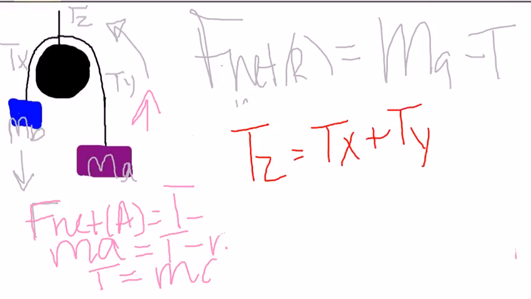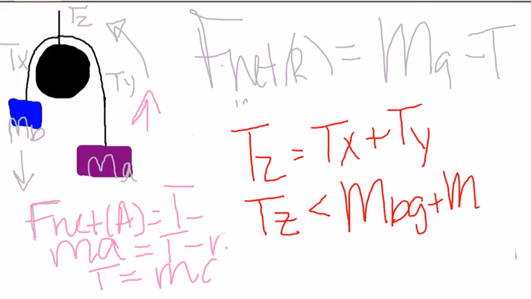And so with that knowledge, and the knowledge that both the masses are greater than both tensions, Tz is less than the masses combined. And that is the answer to the third question.